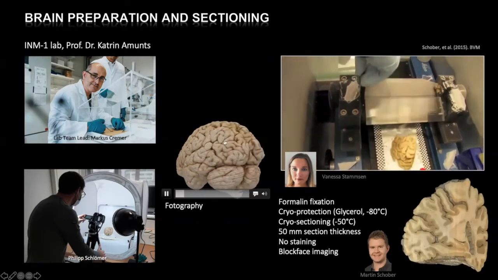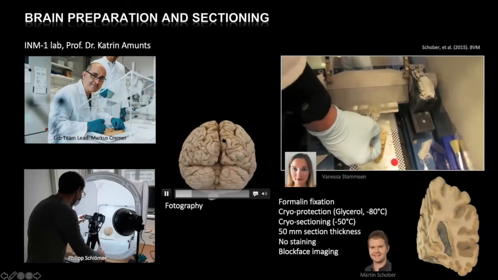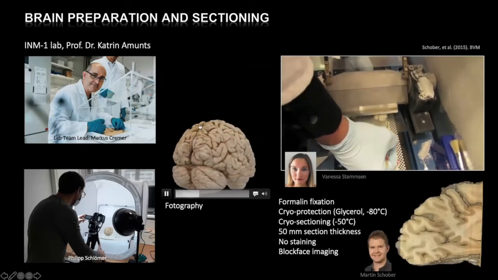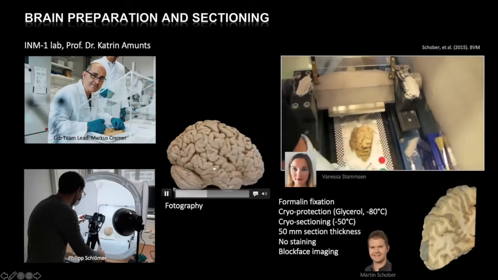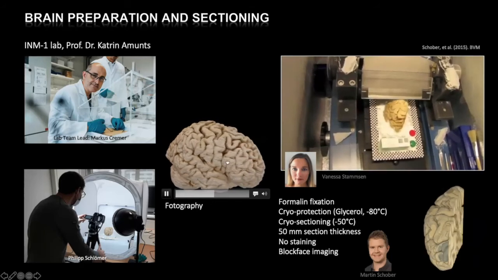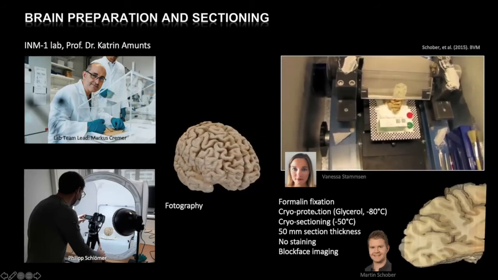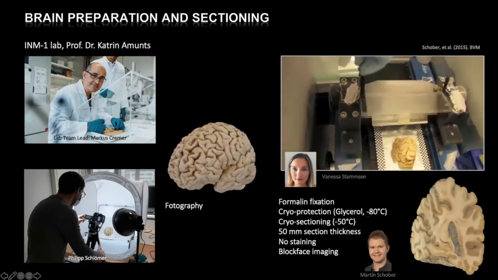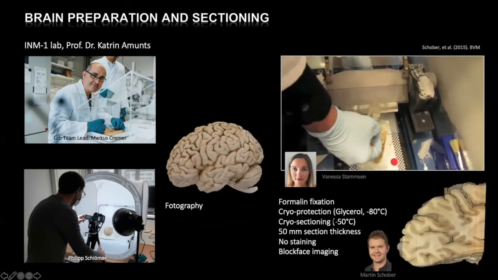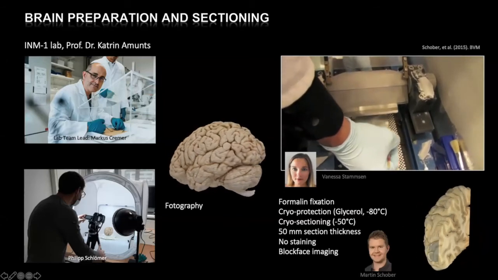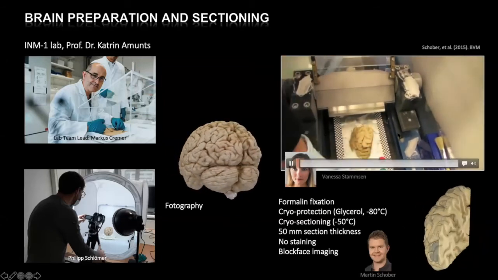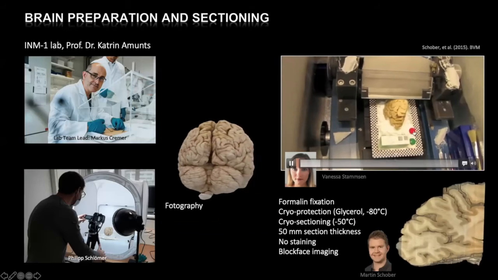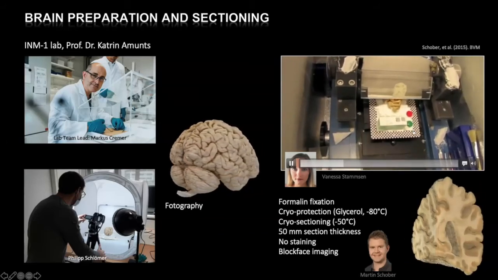Afterwards, we do a surface photography and rebuild the surface mesh of the specific brain. We put it into glycerol, freeze it down to -80 degrees, and cut it in the end at -50 degrees in a cryostat microtome, as you can see on the top right here.